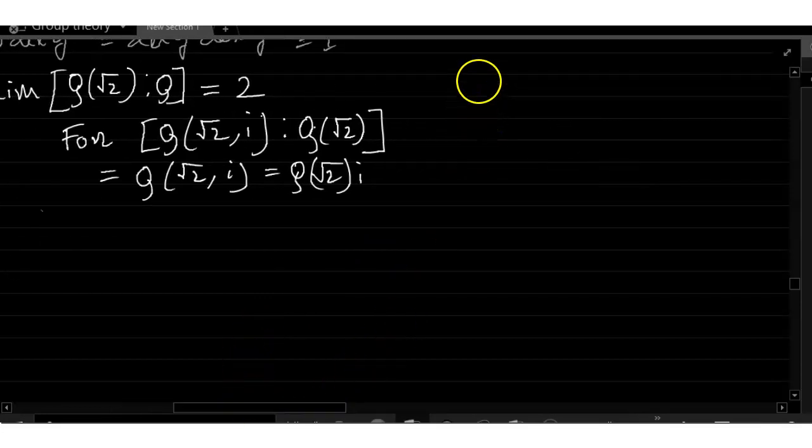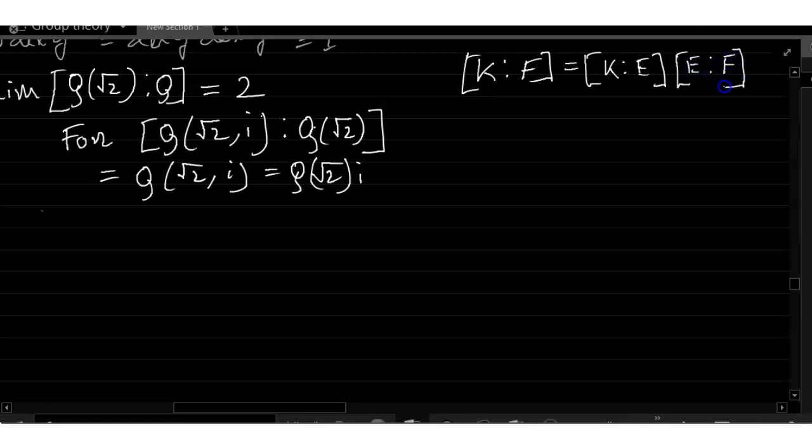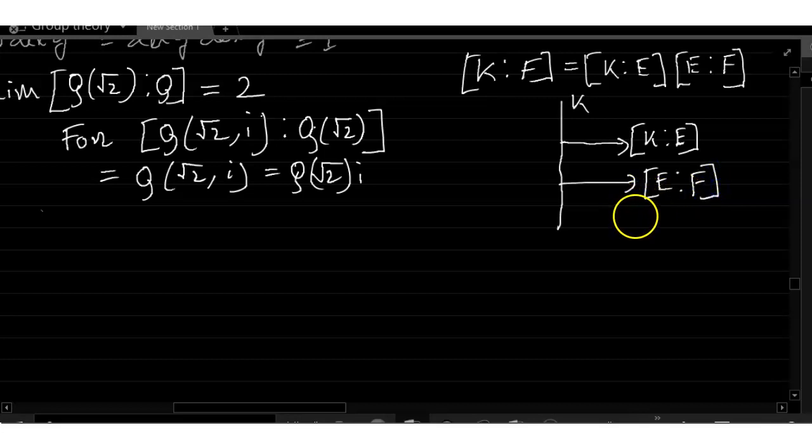Now the formula is K over E and E over F. Here K is the field, and K over E equals to this, and E over F is the field, so E is the middle portion.